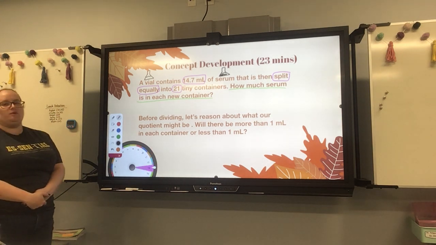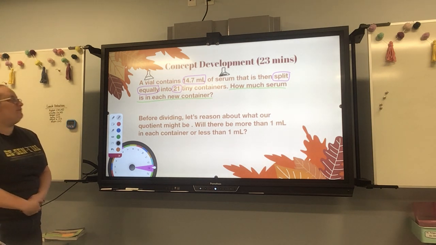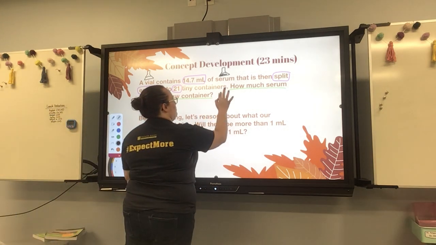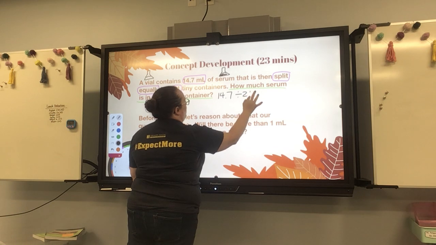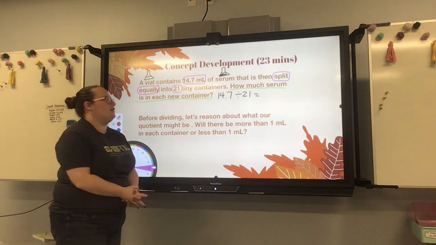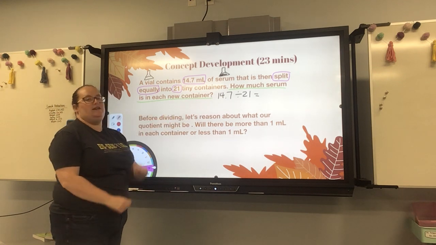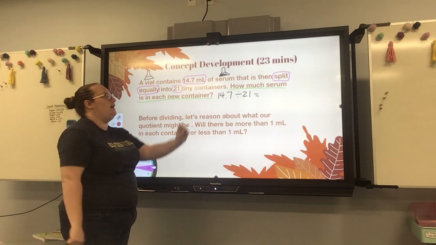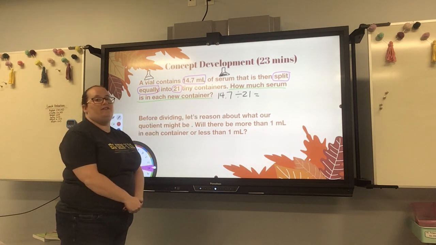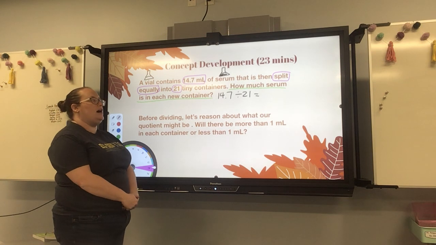Very good. It would be 14.7 divided by 21. Everybody all together. 14.7 is my dividend. Everybody all together. 21 is my divisor. Everybody all together. I'm trying to figure out my quotient.